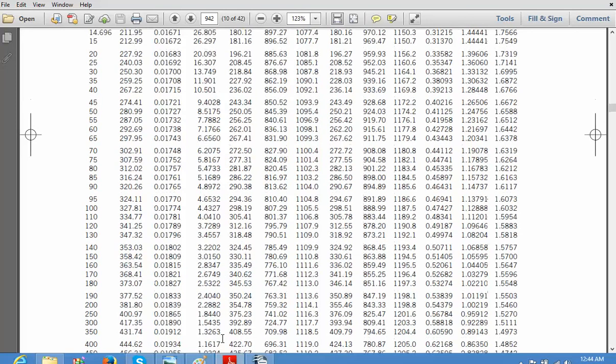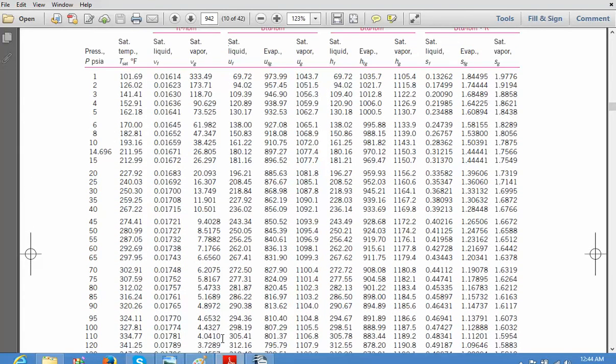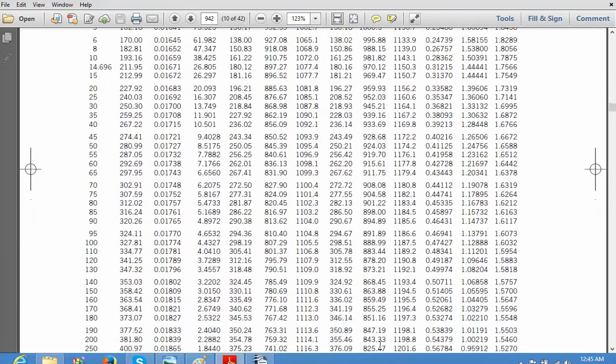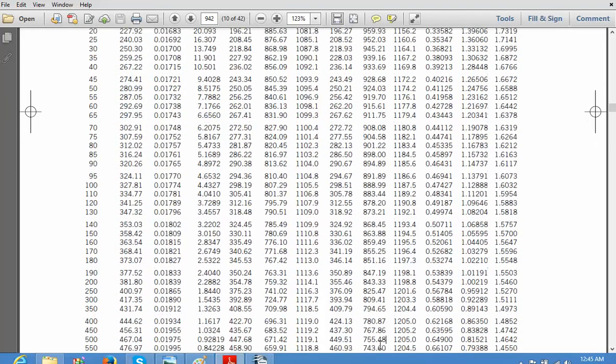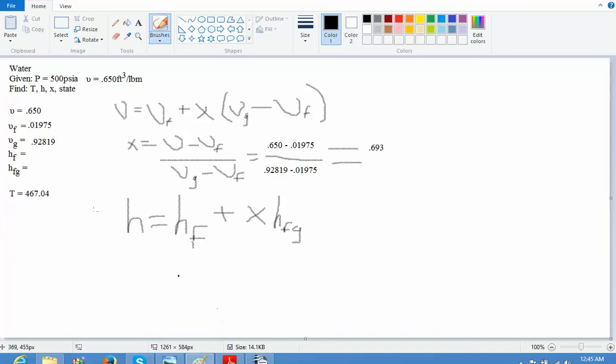It's a little hard to keep up with these things because I have to scroll down so far and it's hard to keep it aligned. But we're over here, and we go to where it says 500, our pressure, and in these two columns is where we'll find our information. So I'm going to go back and plug that information in.